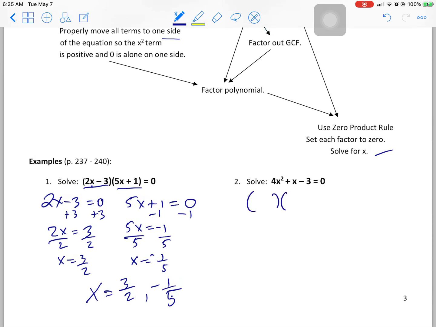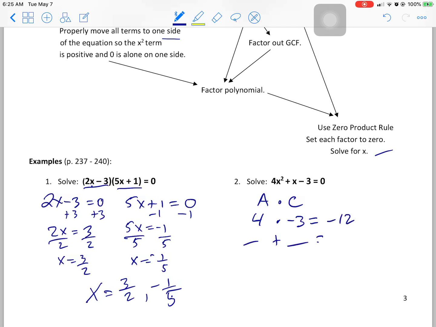So factor first. Oh, it's got a 4 in the front. Wait, I'm sorry. Probably should do the AC method with this. 4 times negative 3. The AC method gives you negative 12.